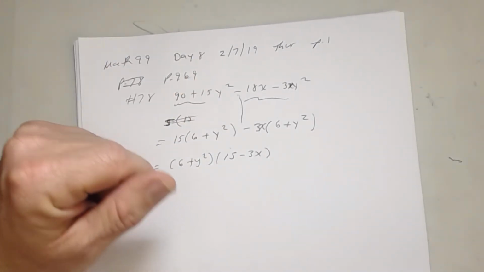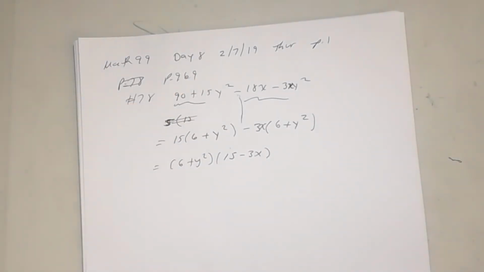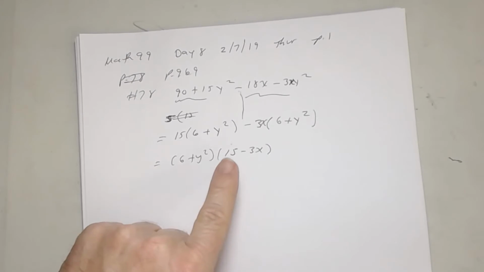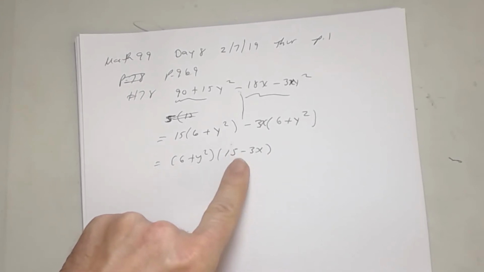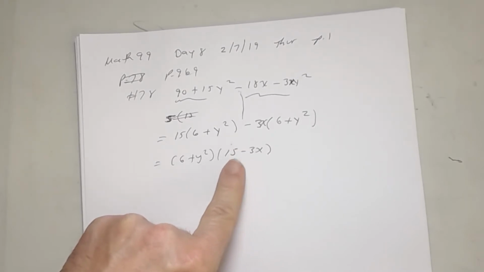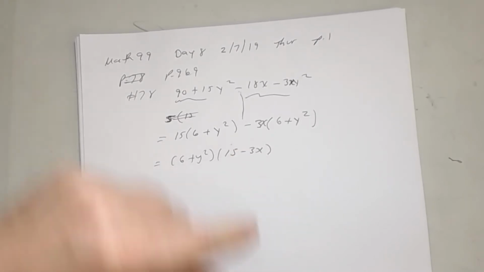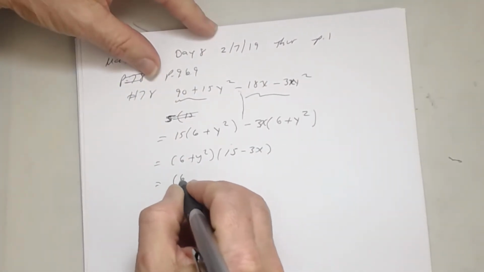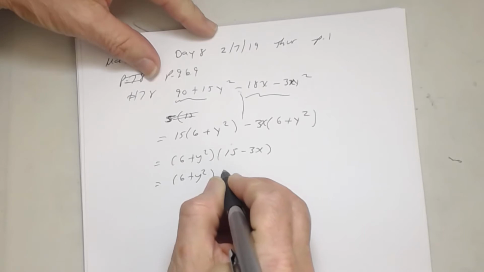So what you have to do next, and some of you are having difficulty with MyMathLab with something like this, because in MyMathLab, if you do it this way and you write this as the answer, they're going to mark it wrong because you did not factor completely. What's the GCF in this expression right here? 3. So what you need to do is this. You're going to say, all right, I'm going to have this right here times 3.